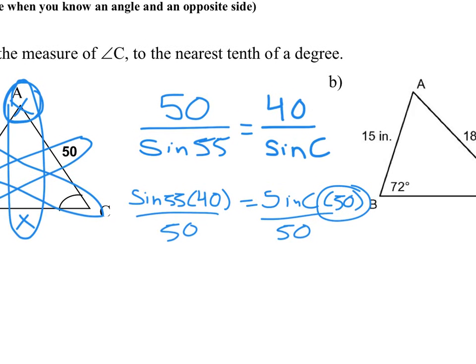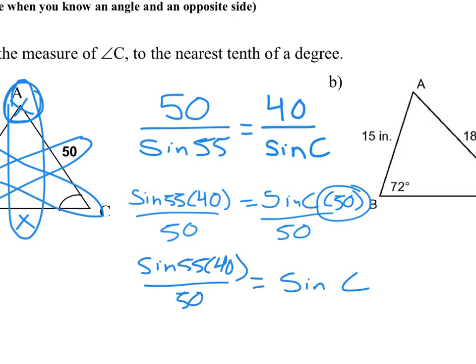So now on our calculators, we've got sine C is equal to sine 55 times 40 divided by 50. But wait a minute. What's this sine C tell me? Think back to primary trig ratios. Every time you were asked to solve for an angle, what was special about those questions? That's right. You had to press that shift or second function button.